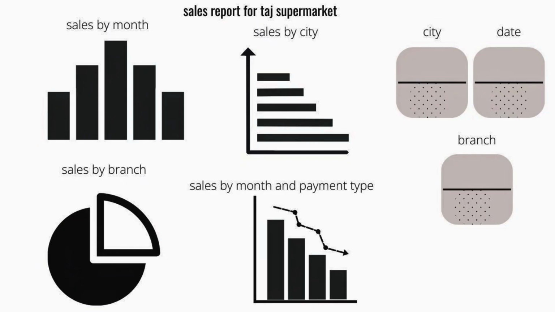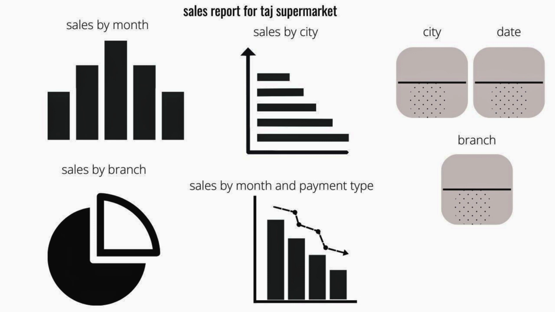So for this project, we're going to use this infographic, the sales report for Taj Supermarket. We have sales by month, we have sales by city, then we have sales by branch, and sales by month and payment type.